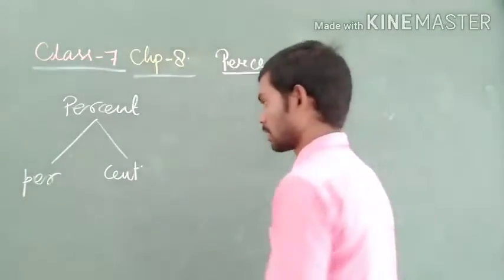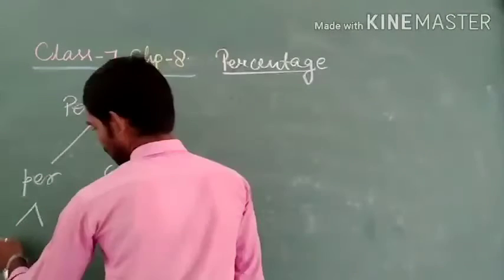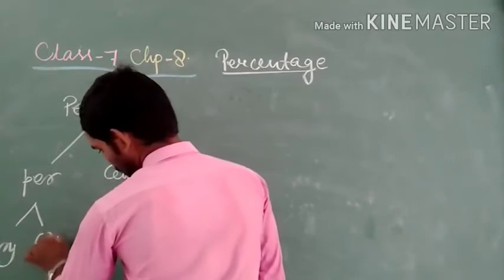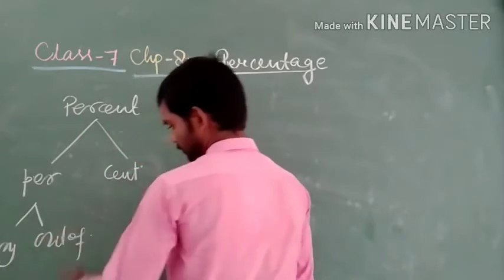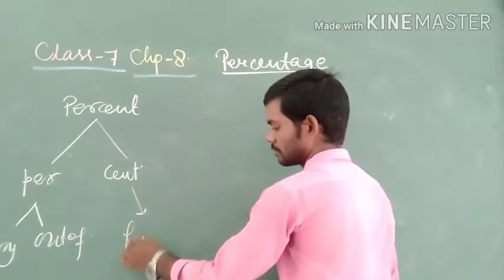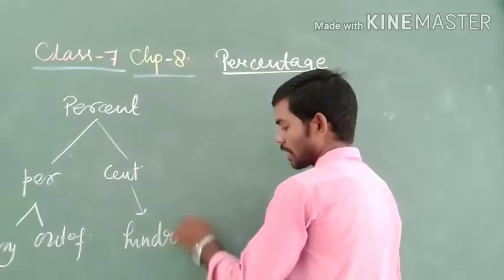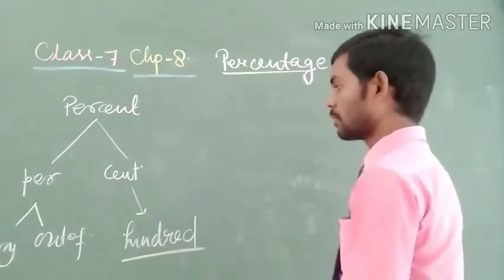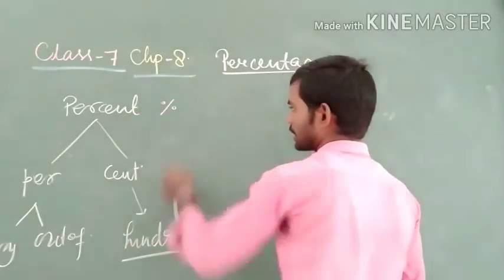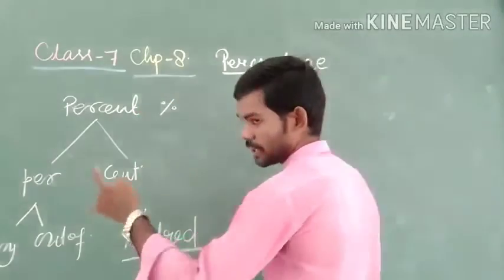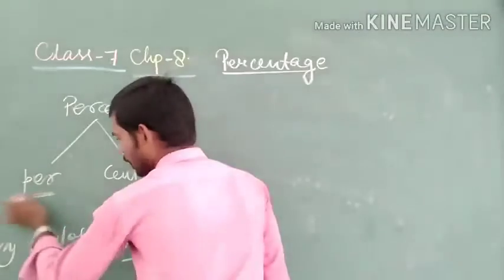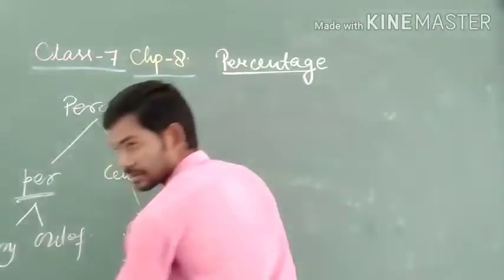Percent: the meaning of per is every or out of, and cent means 100. Therefore, we write in symbolic form. Percentage can be written like this, and in mathematical form we write per like this.